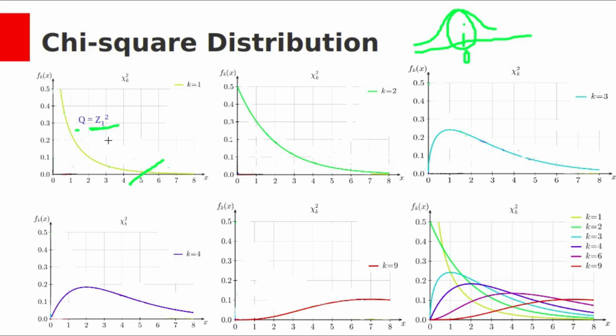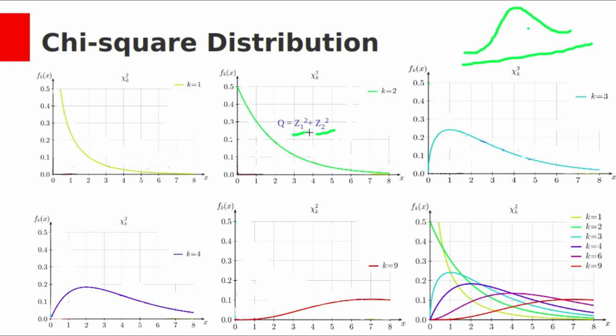For example, z1 is 0.5, q will be 0.25. Most of your data will be between 0 to 1. If we take two samples z1 and z2 from standard normal distributions, z1 is 0.5 and z2 is suppose minus 1, then the squared sum of these two values, that is q, will be 1.25. Distribution of q for degree of freedom 2 will look like this curve.